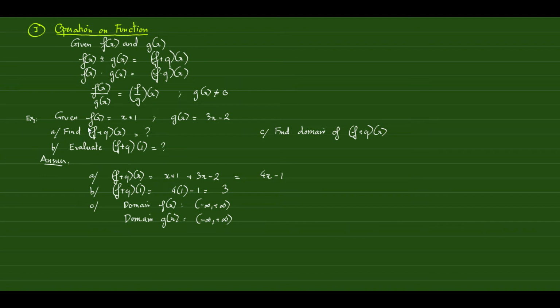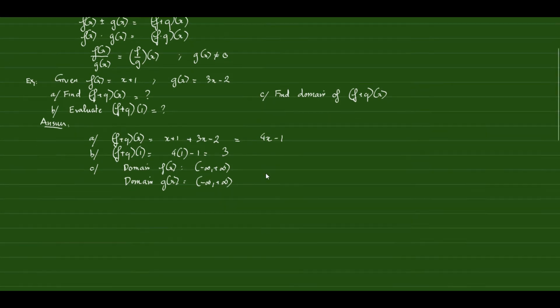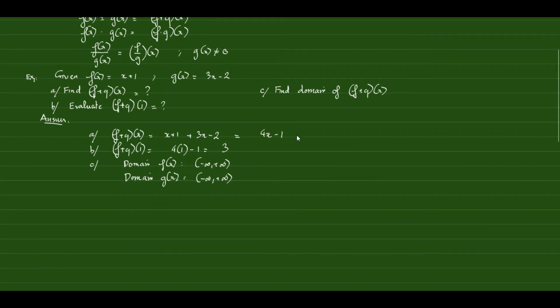That's why when you add a linear function to a linear function, you see that the sum of the two functions is also linear. So you see this one right here is also linear, so the domain of f plus g of x is all real numbers.